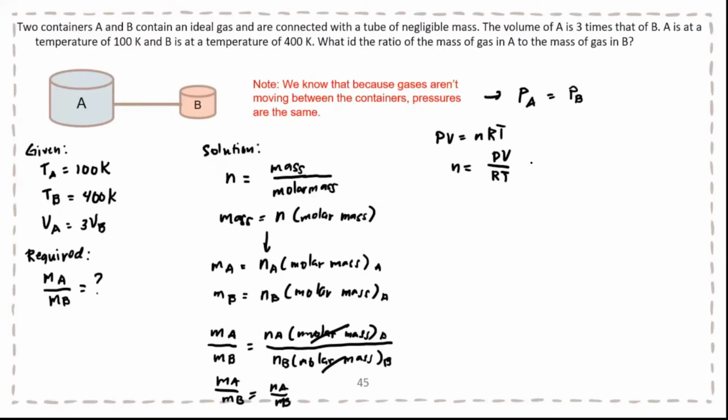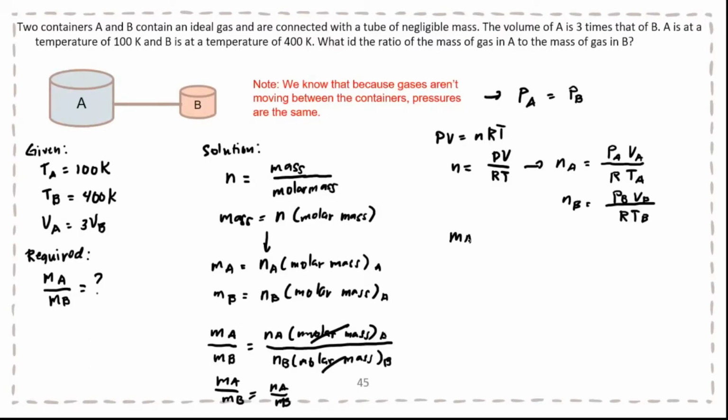From that, we can calculate nA, which is pressure A times volume A over R times temperature A. Your nB is equal to pressure B times volume B over R times temperature of B.